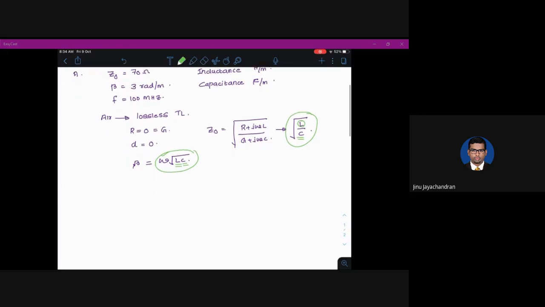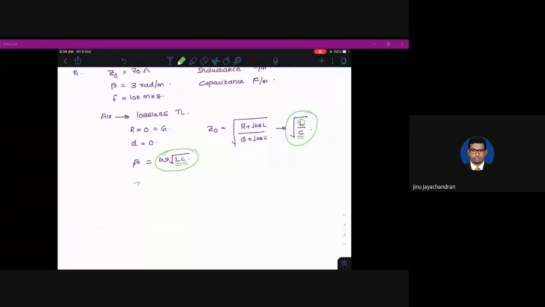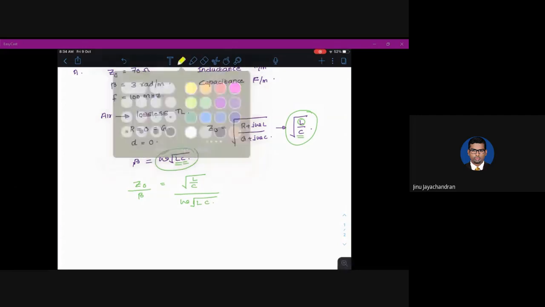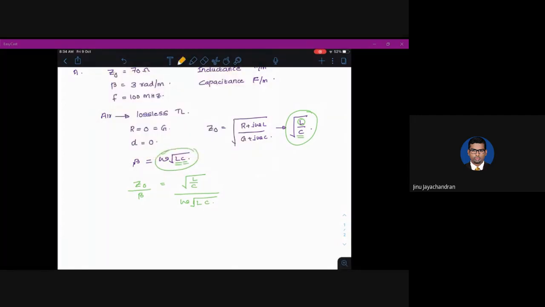Okay, so if I do Z0 by beta, this is equal to root over L by C divided by omega into root over LC. If you do this, the L is in the numerator, it will get cancelled. The C will come down.